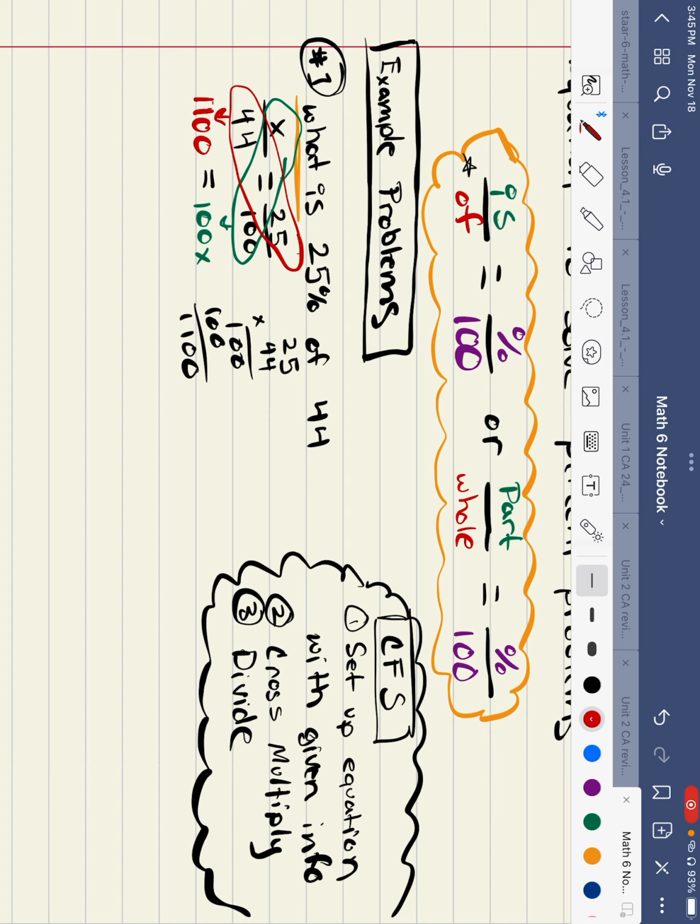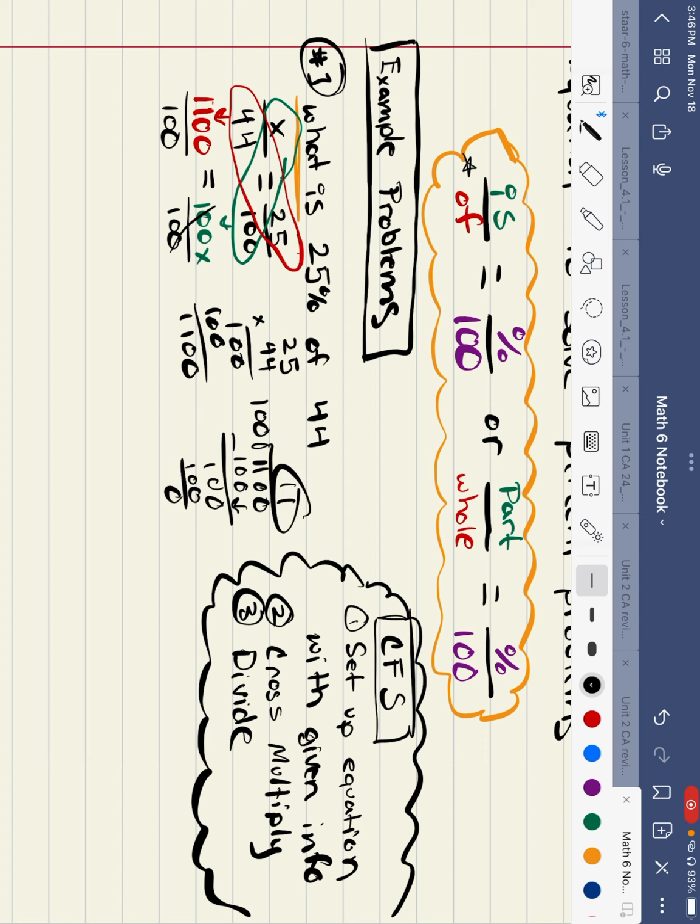So we end up with a one-step equation like we worked in the past. So this tells us that 100 times something is 1100. Another way to do this is we got to isolate this variable, get the x by itself. If you divide by 100, that goes away. But whatever you do on one side, you got to do to the other. So 1100 divided by 100. Again, if you don't know that by heart, just do the work. If you divide this by 100 real quick, that's 1, 10, bring your 0 down, another 1, and then we're done.